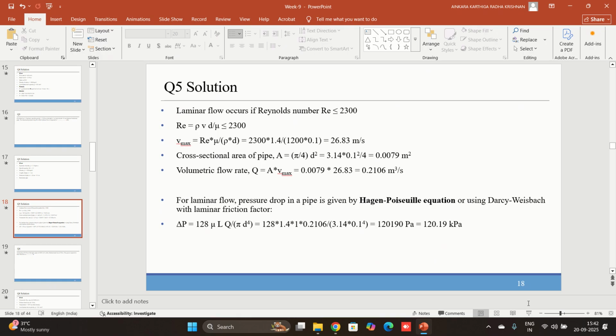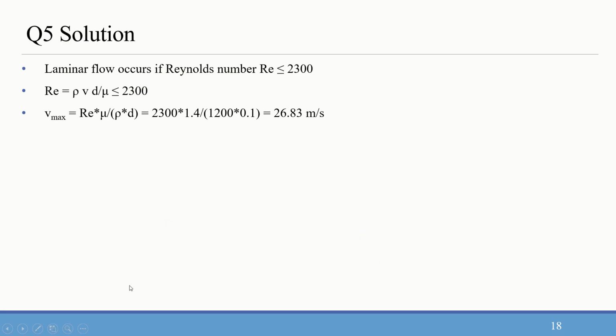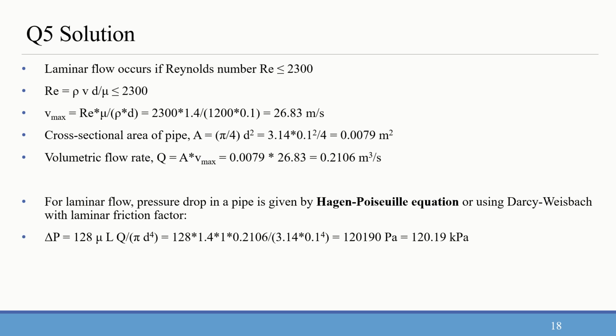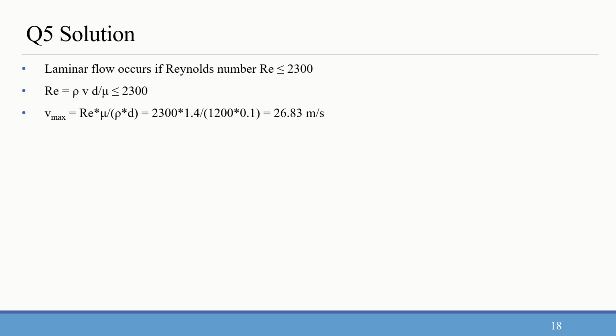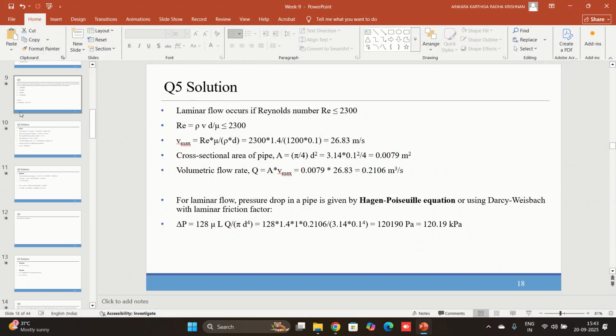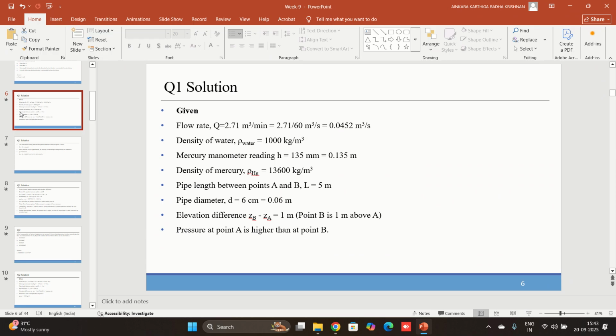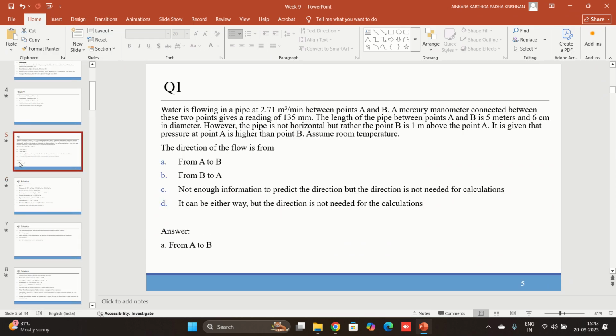Now we'll go to the next question. I hope it is clear. I'll briefly discuss what we saw in the first 5 problems, because I think I confused you in the beginning. The first question was about finding the direction of the flow of water between 2 points.